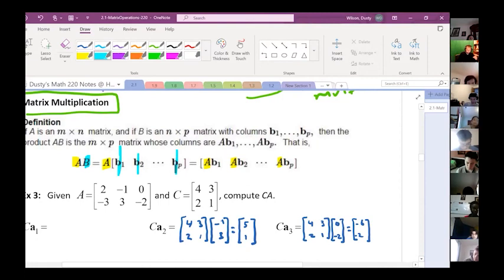And so to find A times B, you take the full matrix A and then multiply it by the first column. And that makes the first column of your result. Full matrix A times the second column of B, etc., all the way to the pth column of B. So here we're doing matrix times column.